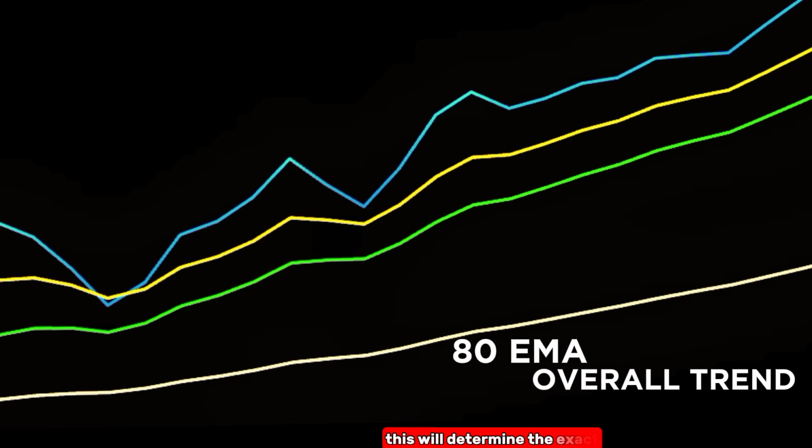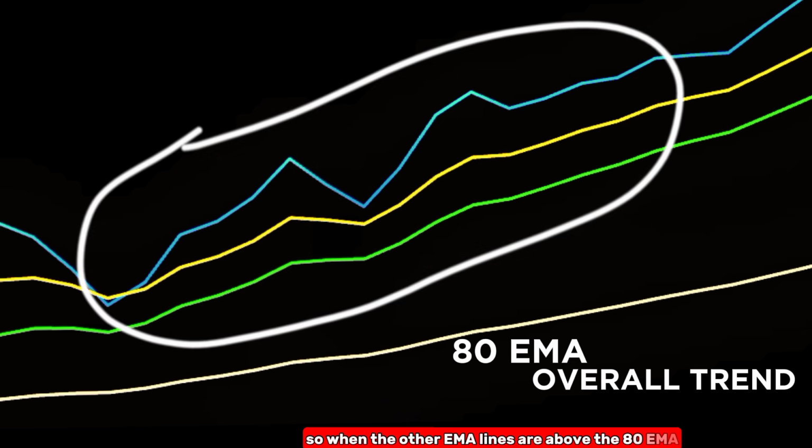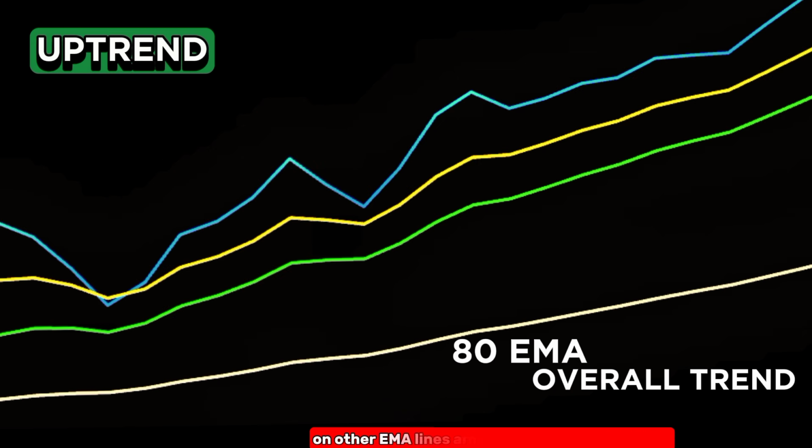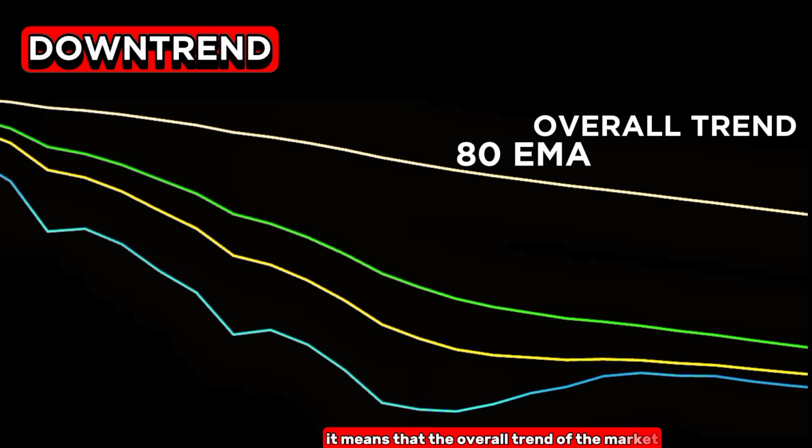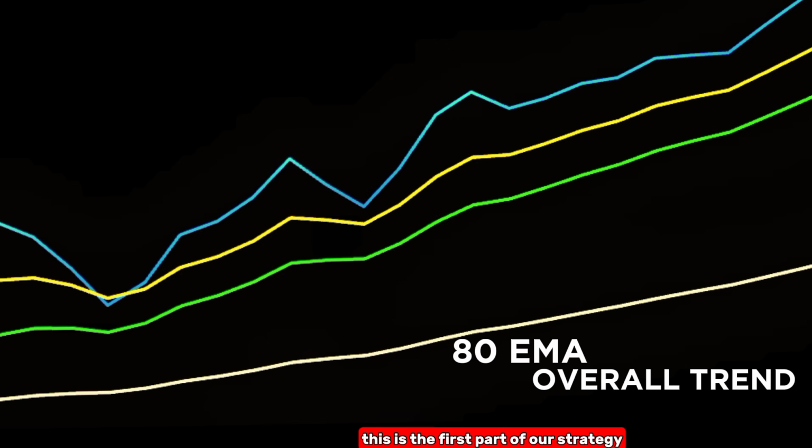This will determine the exact overall trend of the market price. So when the other EMA lines are above the 80 EMA, it is an uptrend, and when the other EMA lines are moving below the 80 EMA, it means that the overall trend of the market is in a downtrend. This is the first part of our strategy and the most important part of our strategy.